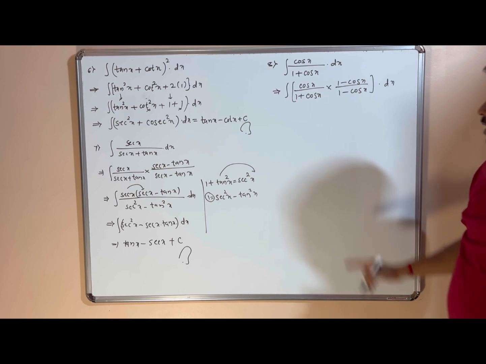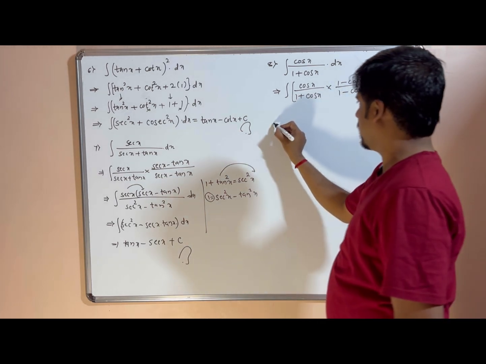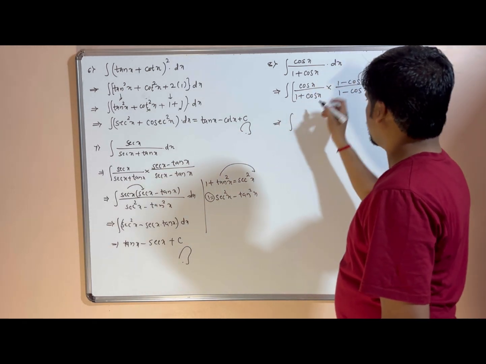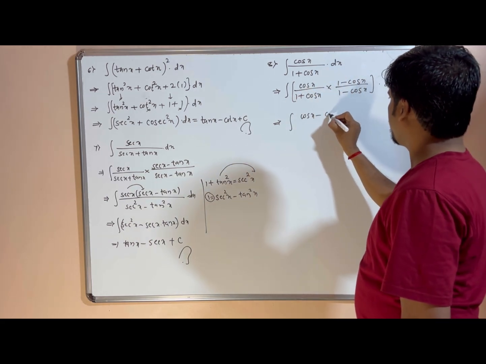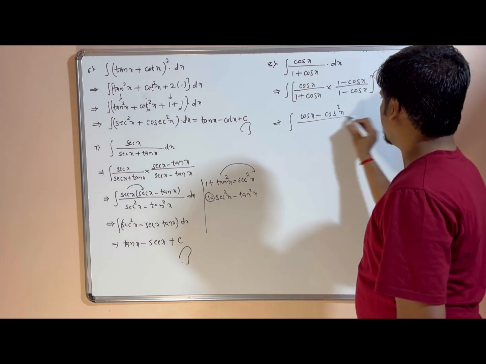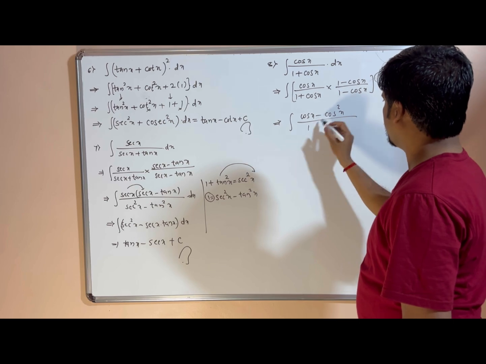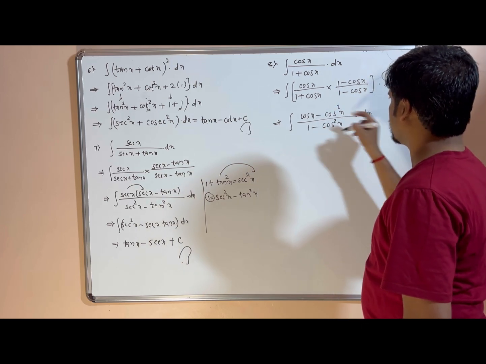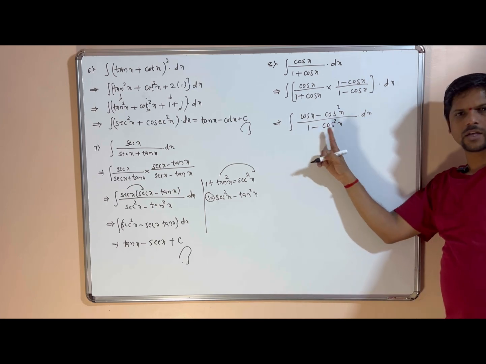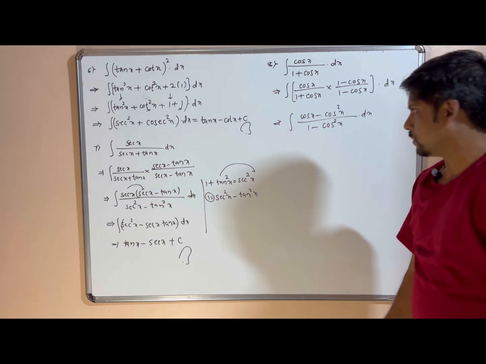Same procedure, a plus b into a minus b: the integration of cos x into 1 is cos x, minus cos square x, divided by 1 square minus cos square x, into dx, because a plus b into a minus b is a square minus b square. Right?